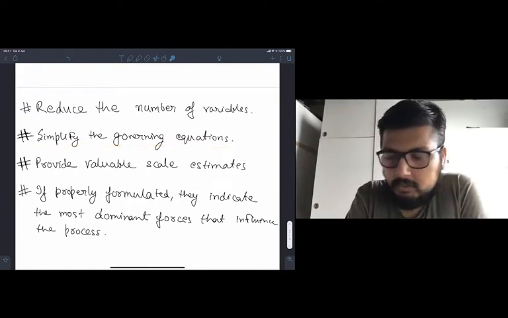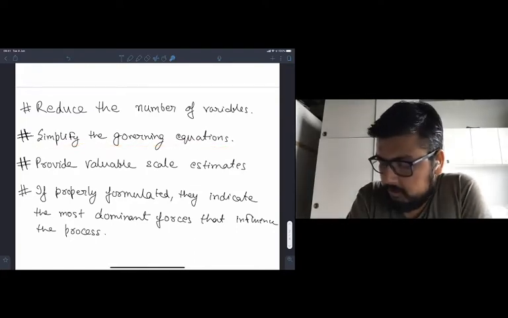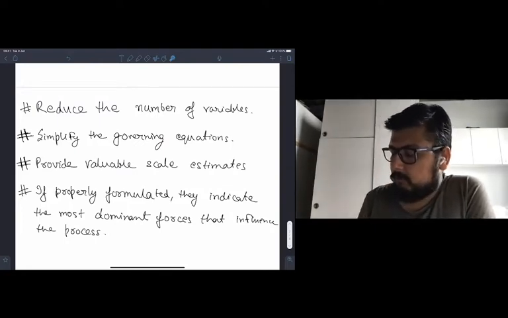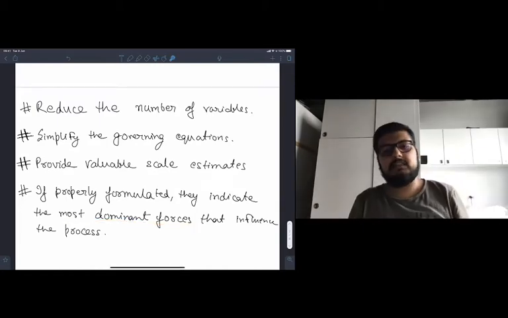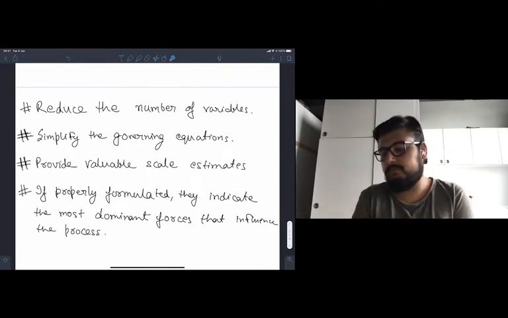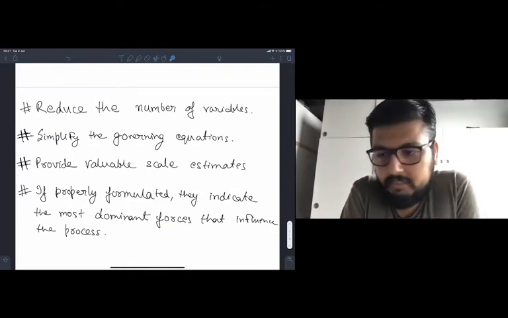So the governing equations can be simplified using dimensional analysis, and we will see that in the upcoming few lectures. It can also provide some valuable scale estimates. And it can help us indicate the most dominant forces that are present in the process. So of course, if the process is done correctly.